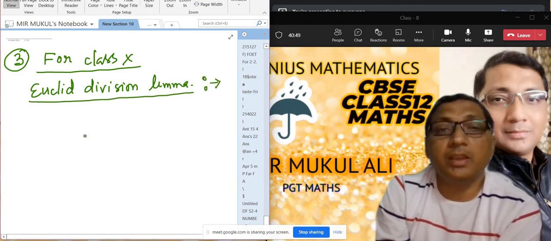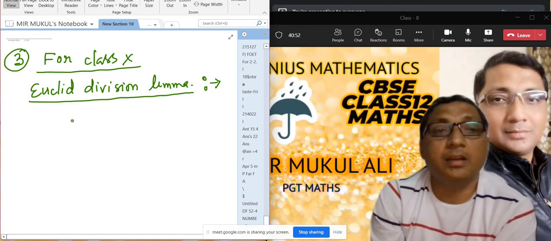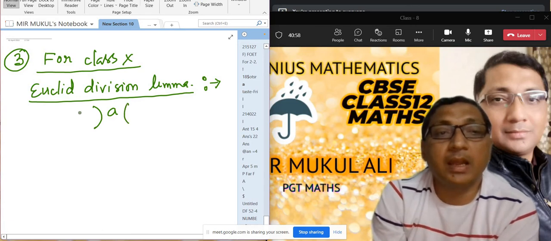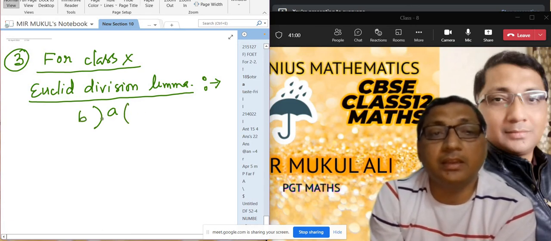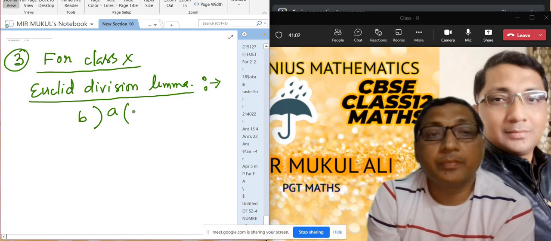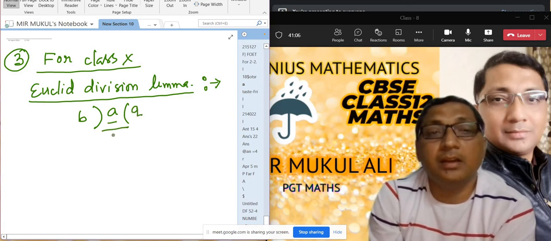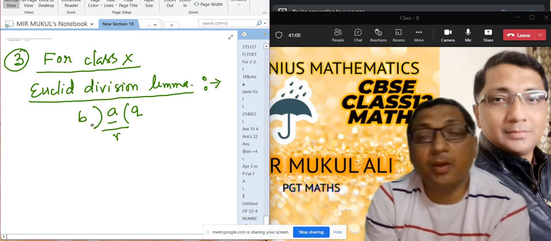So according to Euclid division lemma, if you divide a number by another number, what do we get? We get a quotient, and after division, we get a remainder.